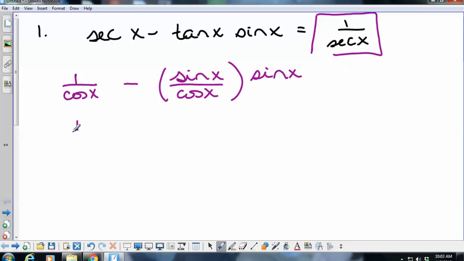So that's like a sine x over 1. So if I multiply, sine x times sine x would be sine squared x over cosine x.